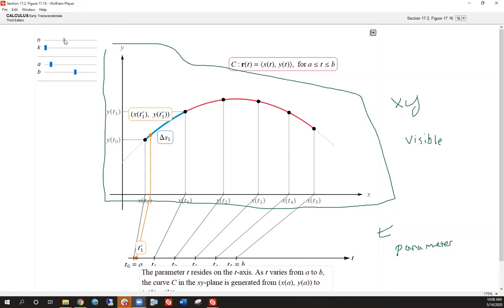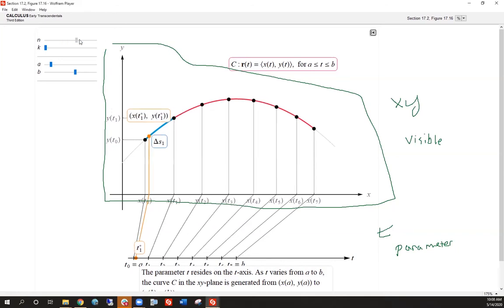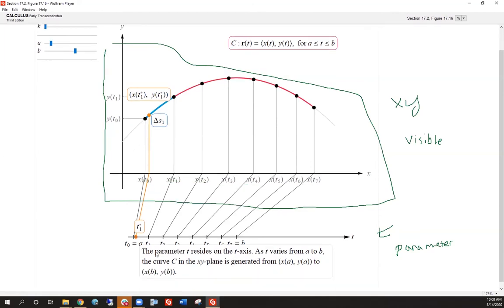And so you can imagine that the number of subintervals in the T world, notice these are all equally spaced, that all these t subintervals are the same length.